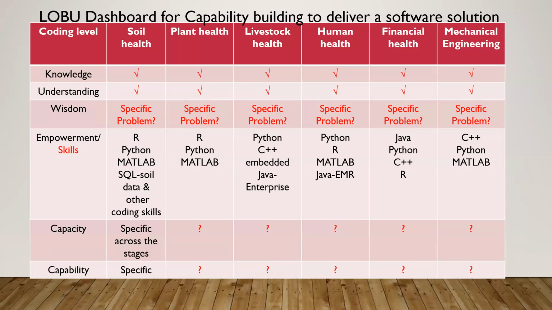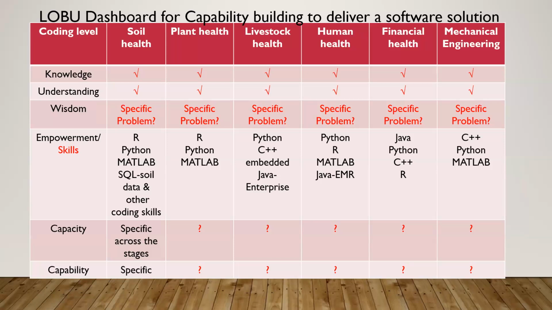Now, when it comes to wisdom, we said wisdom is the application of the knowledge and understanding you have in coding, the different concepts, to now solve a real life problem. So this is where the differences begin to take place. So now you realize the challenge that I have for today's lesson: if I'm talking about capability in coding, what am I talking about?